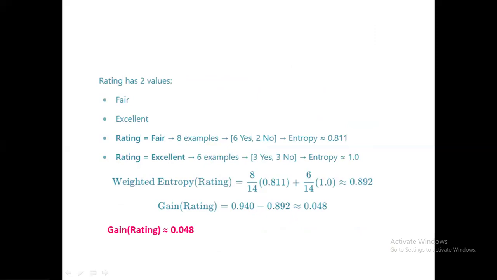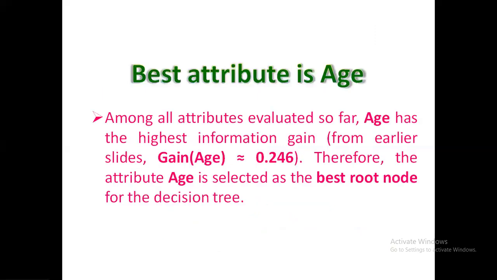If you are comparing all these four values, which one will give us a better value? The best attribute is the age. Among all attributes evaluated so far, age has the highest information gain. What is the information gain for the age?